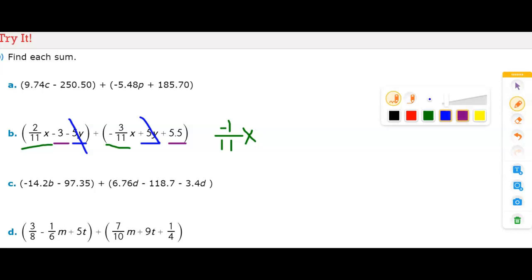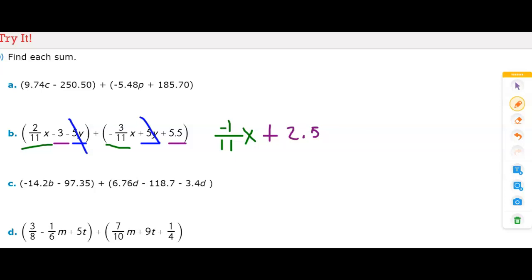And last, we have the negative 3 and the 5 5/10. So the 5 5/10 absolute value is greater than negative 3, so our answer is going to be positive, so I put a plus sign. And then we have 5 5/10 minus the 3 would give us 2 5/10. And that's it.